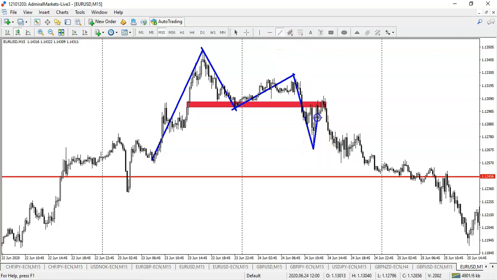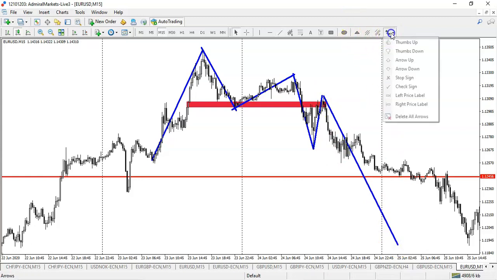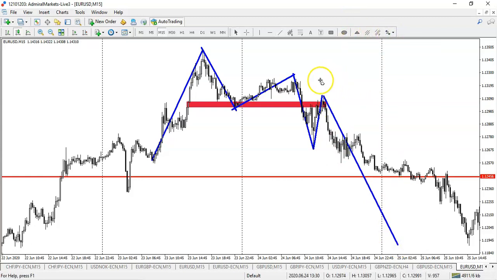Don't be in a rush to place your trade. Wait for a retest to form, then you place your sell. This should be your entry point, right?